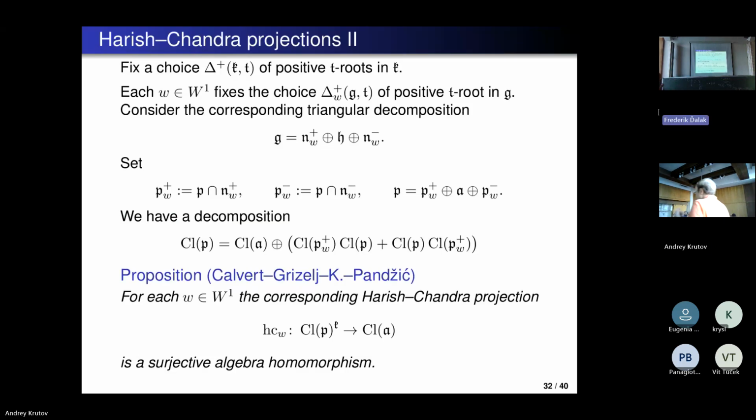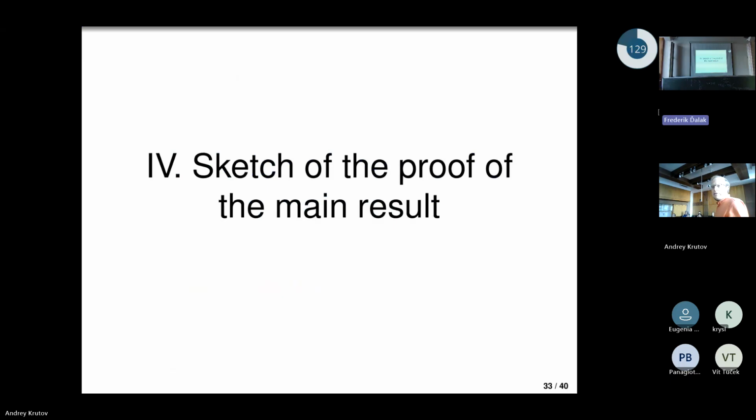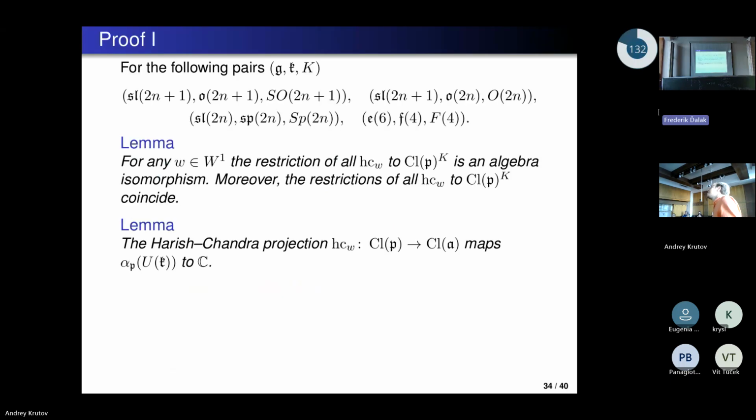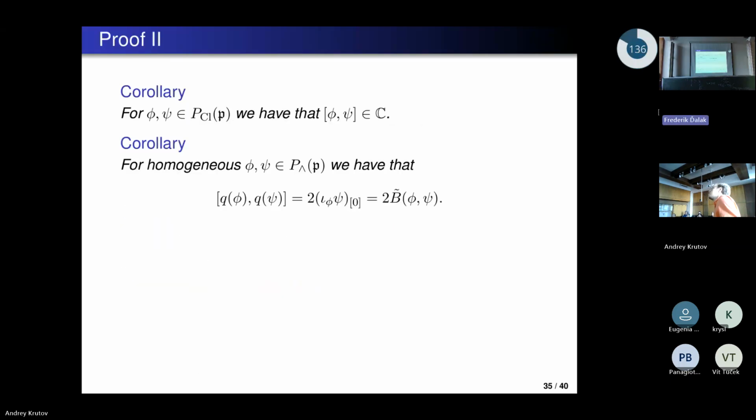It will now not be an algebra isomorphism in general, but a surjective algebra map, because we would have some algebra projection as we've seen on the previous slides. Okay, I will skip the sketch because it's very nice, but unfortunately I don't have time.